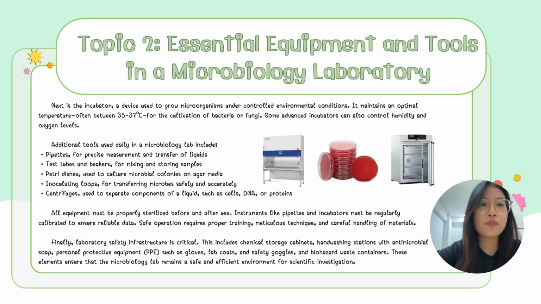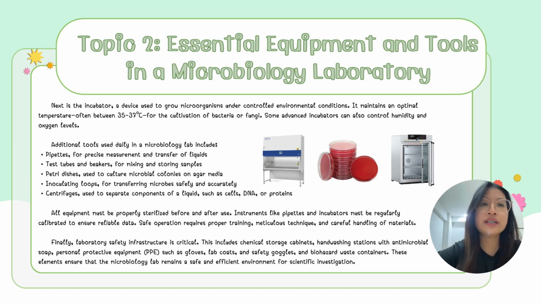Next is the incubator, a device used to grow microorganisms under controlled environmental conditions. It maintains an optimal temperature, often between 35 to 37 Celsius, for the cultivation of bacteria or fungi. Some advanced incubators can also control humidity and oxygen levels.